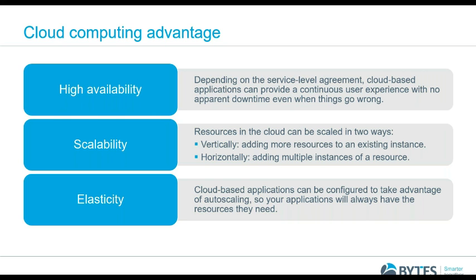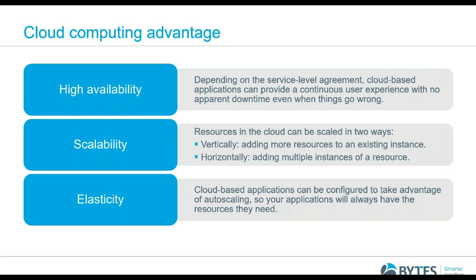In terms of scalability, that is the ability to add and remove resources as required. So vertically, allowing, say, a virtual machine to go from one size to another size without having to worry about whether the underlying hardware and platform is actually capable of adding more CPU, RAM, whatever to a virtual machine, for example, and then horizontally where you can add multiple instances of a resource.